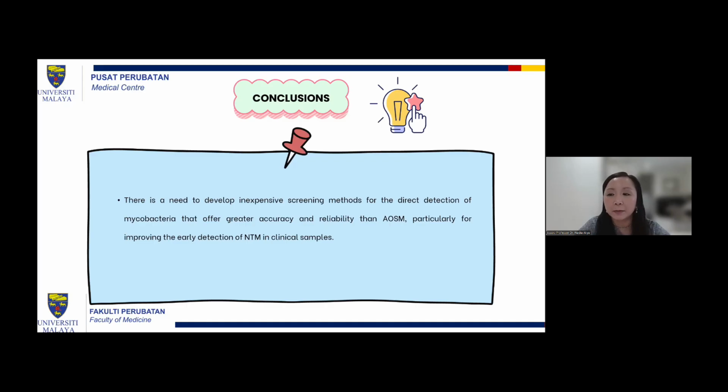There is a need to develop inexpensive screening methods for the direct detection of mycobacteria that not only offer greater accuracy and reliability than Auramine O smear microscopy, but are also affordable, and this is very important for improving the early detection of NTM in clinical samples.